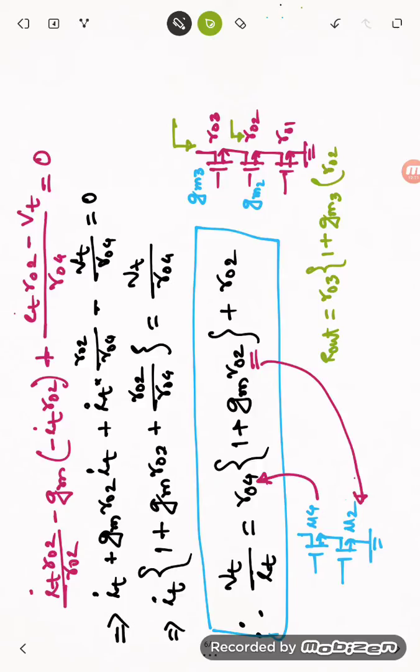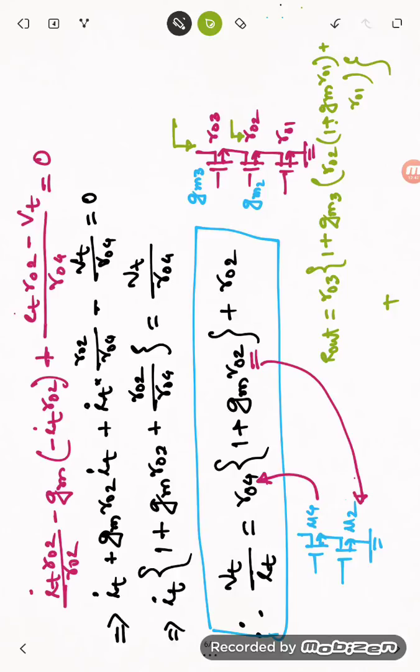So what is the resistance on top of R01? It is R02 times 1 plus gm2 R01, plus R01, right? That will close this R03 product, then the whole thing plus the bottom resistance.